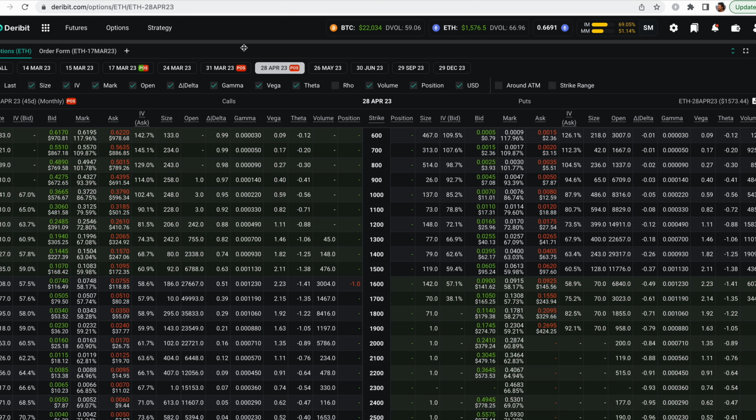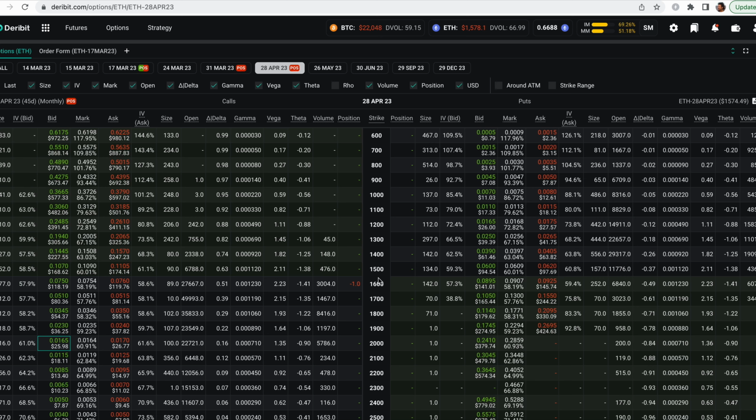To briefly recap this video about premium, about strike and expiry, these are three basic components when buying or selling options with crypto, and also of course with stocks. We can see the strike price here in the middle on Deribit, but it looks mostly the same on most of the trading platforms.